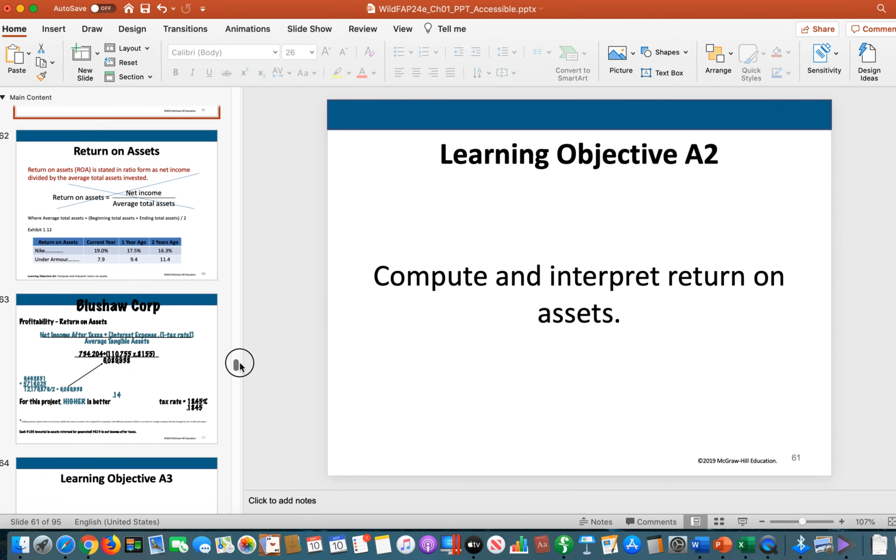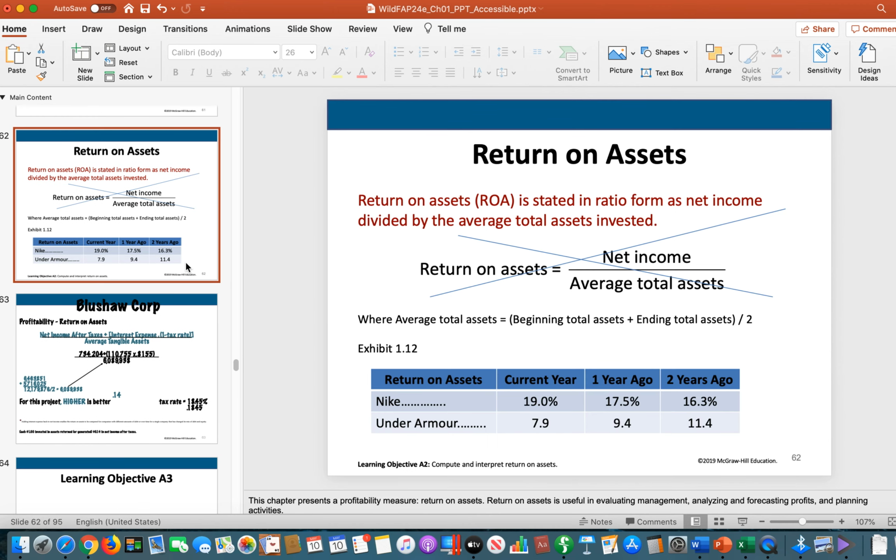Now, this slide is in the book, and it provides you with the very basic, what I call the kiddie version of the return on assets.